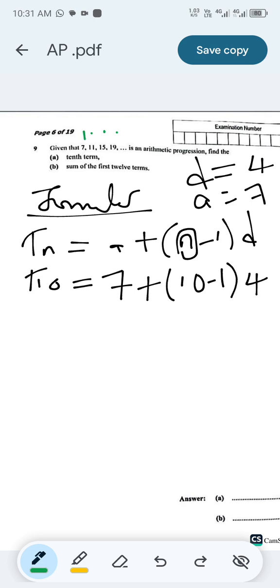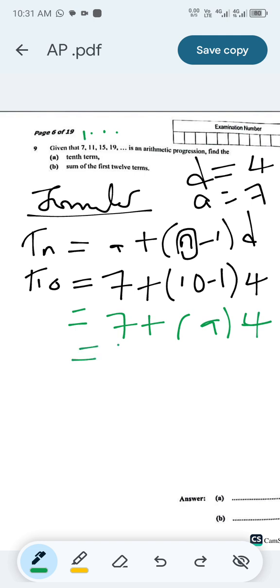So now, if we are looking for the 10th term, we are going to say 7 plus, first of all, we need to deal with what is in the brackets. Okay? What is in the brackets first? 10 minus 1, that's basically 9. And then 4 there.